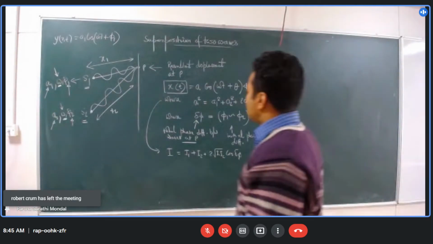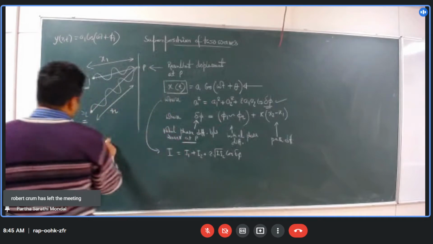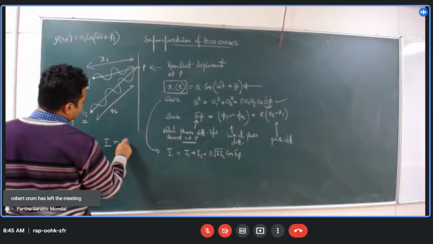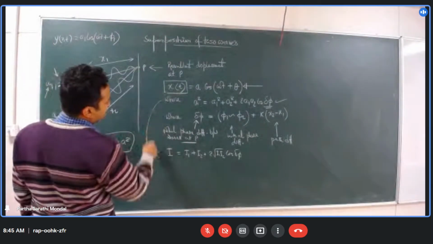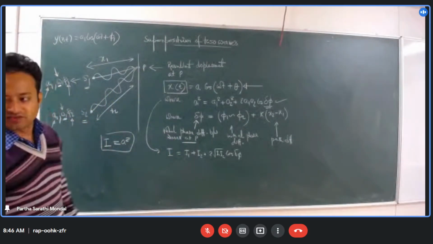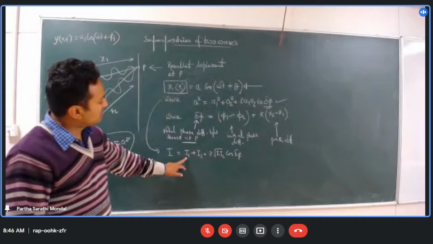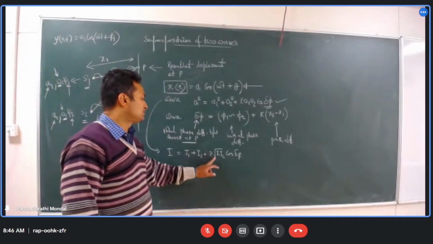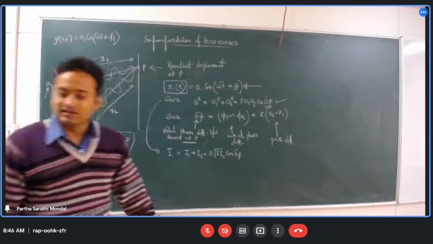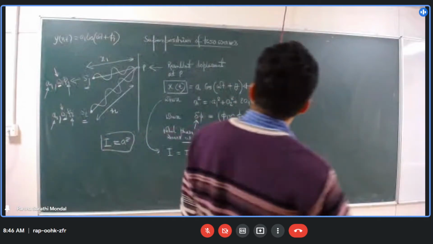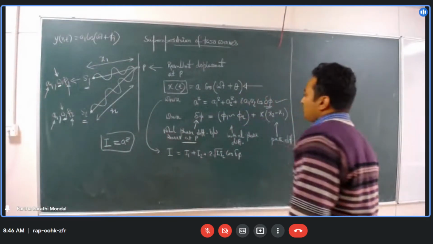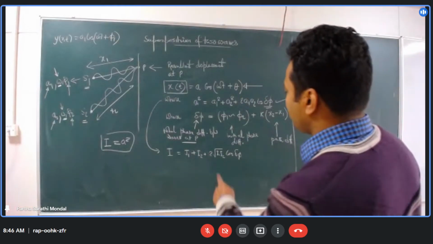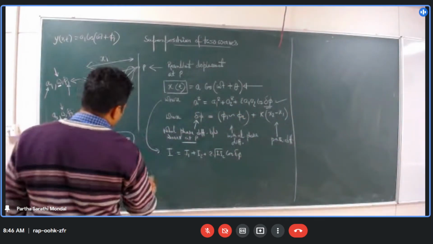As we know, intensity is proportional to amplitude squared, so we can write the same formula in intensity form, I1 plus I2 plus 2 root I1 I2 cos delta phi. These are the things we learned in the last class. Now from here we can find out I max.